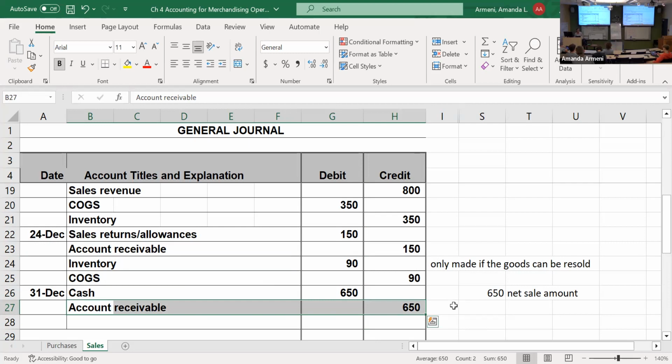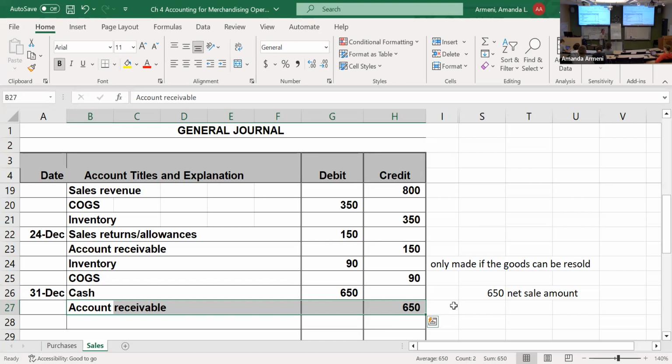Okay. So it's important to keep track, and it's hard for me to do here in Excel, but my advice to students is to use T accounts. Remember the T accounts we learned about in chapter 2? I'm going to erase some of this stuff so I can show you what I mean. If we use a T account, you can always keep track of what the receivable amount is. If I have a T account over on the side, again, it's hard for me to do, but you could do it with your little Apple pens.